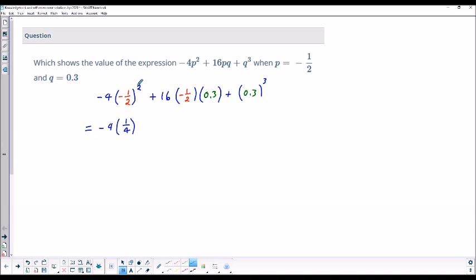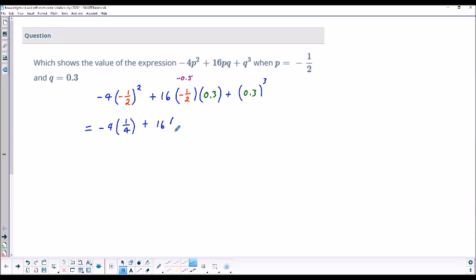So that -1/2 squared becomes 1/4. And then that -1/2 here, because we have a decimal of 0.3, I'm going to change that to -0.5. So in my mind, I'm going to say this is -0.5 right here. And so I've got 16.